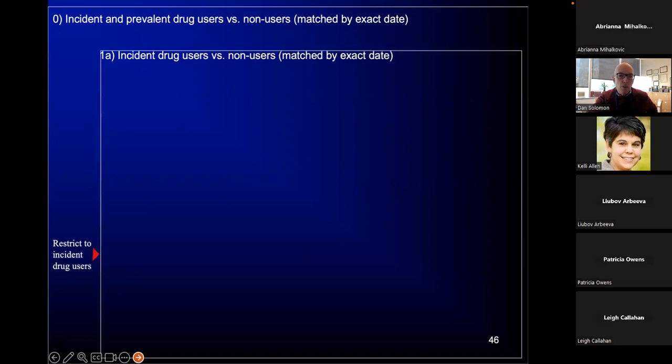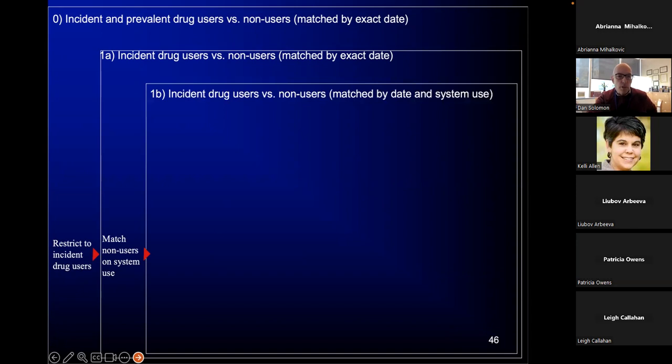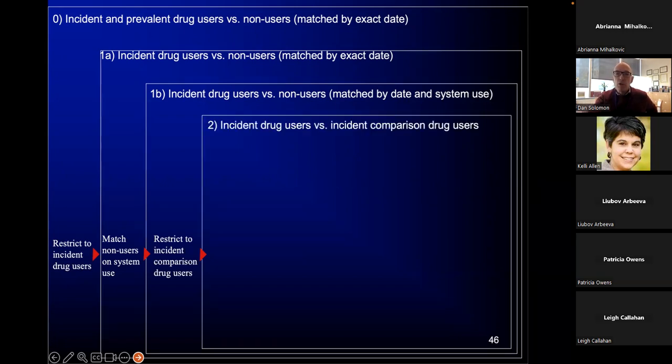And as we restrict further and further by incident drug users, non-users, in-system use, and comparison drug users, we get closer and closer to a randomized controlled trial.